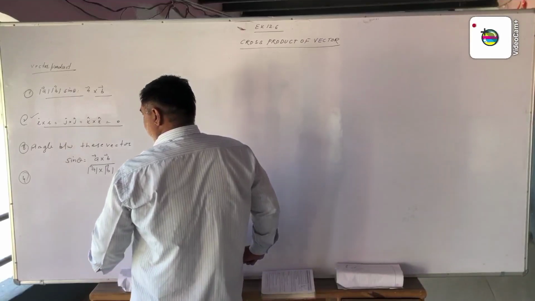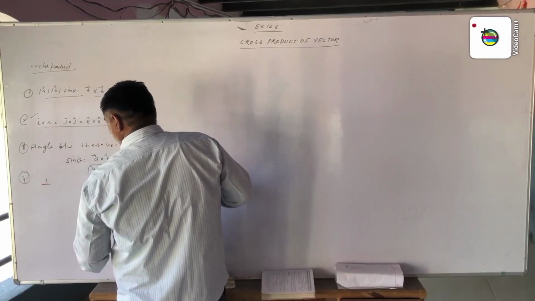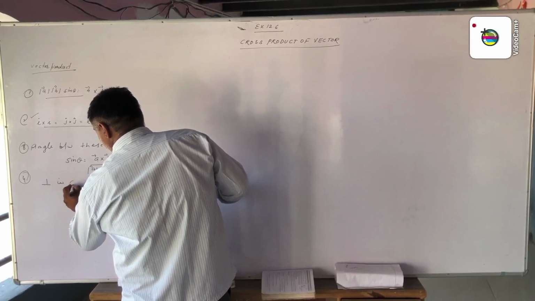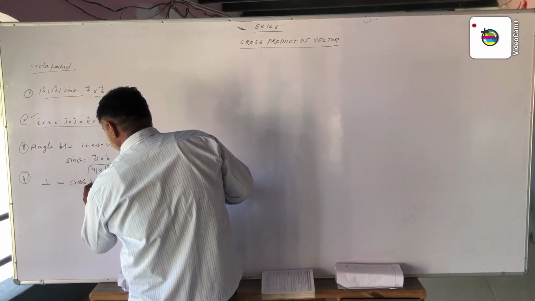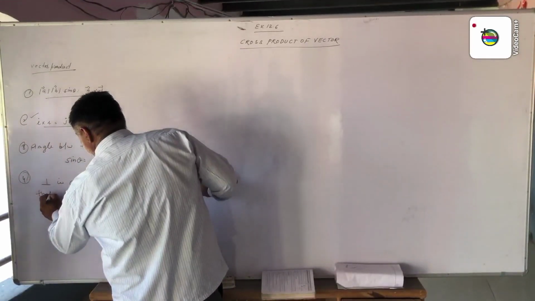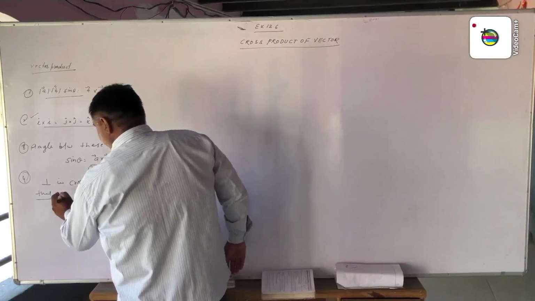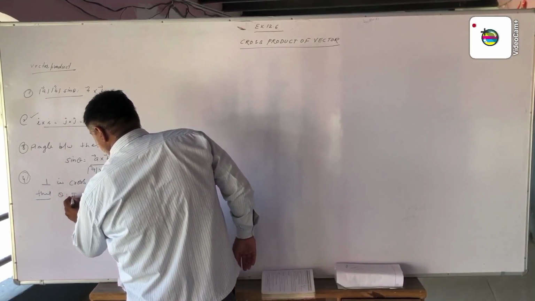If we are given that these vectors are perpendicular, then in the cross product we take the value of sin theta as 90 degrees, theta equal to pi by 2.